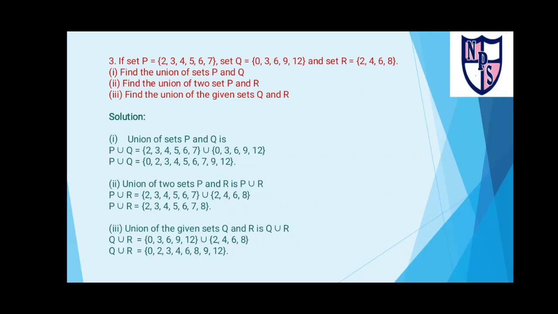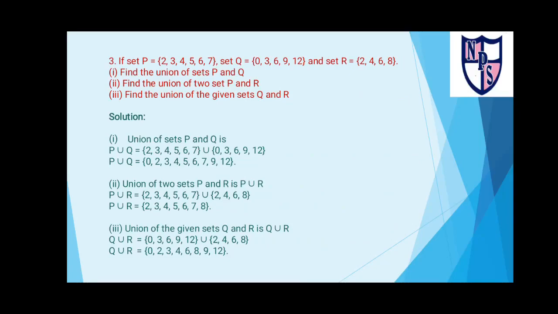Second, union of P and R. Here you can see set P and set R. So the union of P and R is the smallest set that contains all the elements of set P and all the elements of set R, which is 2, 3, 4, 5, 6, 7 and 8.